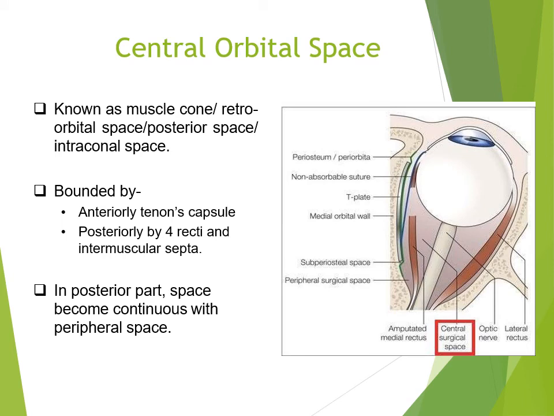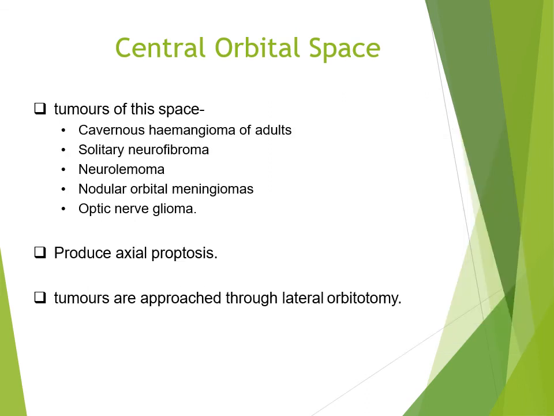The central orbital space is the space just behind your globe and in between the muscle cone. There are a lot of structures present in this: many vessels, the optic nerve, and the central retinal artery. Whenever there is a tumor in this space, the eye is pushed forward axially.